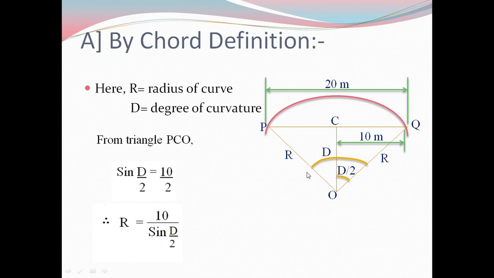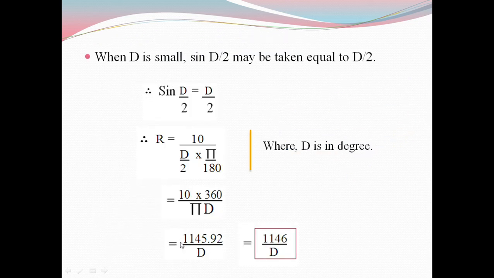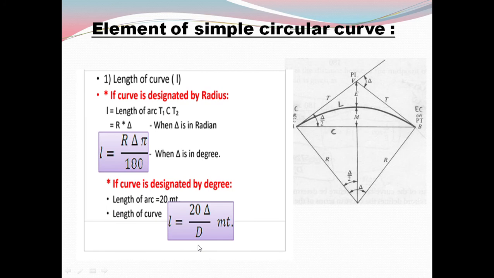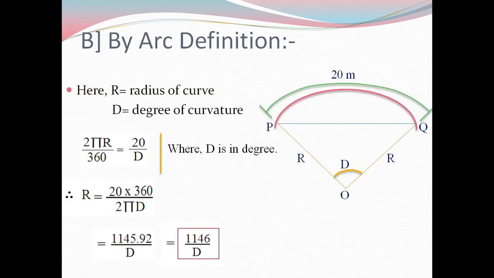So sine D by 2 is equal to 10 by R. Bringing R to the left-hand side, we get R equal to 1146 by D. In the arc definition, directly, 2 pi R divided by 360 is equal to arc length, so arc length is radius into angle. So R is equal to 1146 by D. So this is the designation of curve, very important.